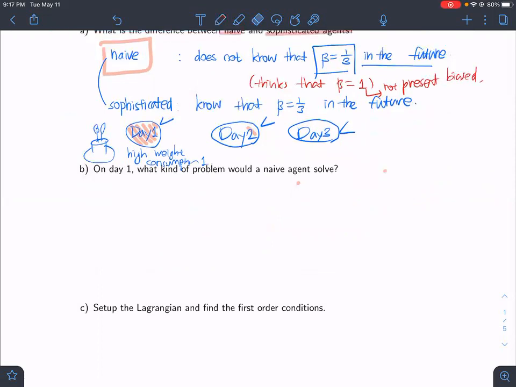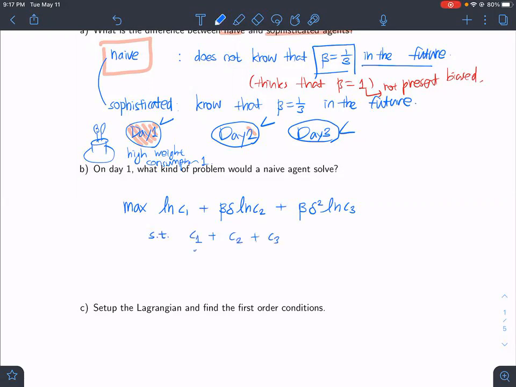So on day 1, what kind of problem will the naive agent solve? This guy will be solving a problem like this: maximize log of consumption today plus beta delta log of consumption tomorrow plus beta delta squared log of consumption on day 3, subject to, so this s.t. means subject to, a condition here, C1 plus C2 plus C3.